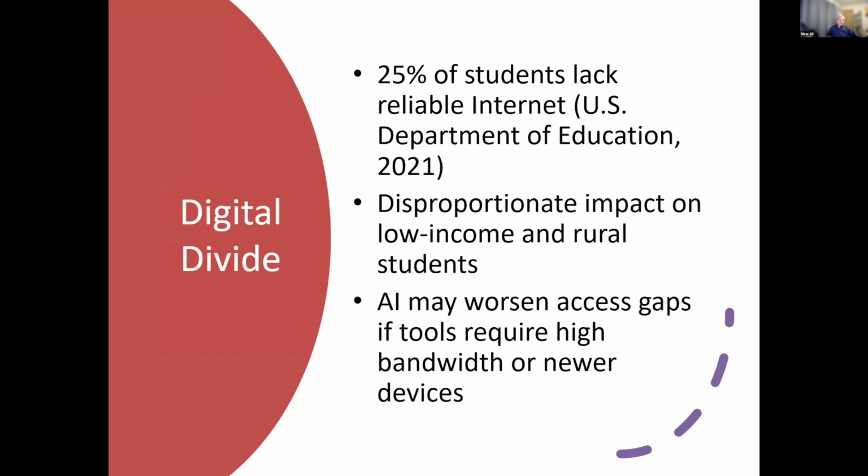In fact, I am teaching here in the US. Sometimes the digital divide is huge, unlike maybe in some other regions of the world. So the digital divide remains a significant barrier. The US Department of Education noted in 2021 that 25% of students lack reliable internet.